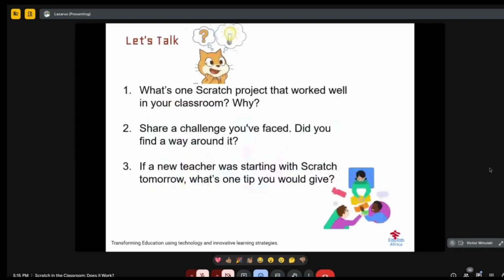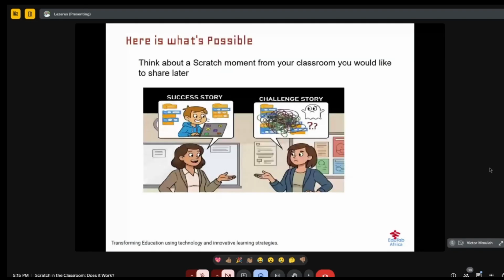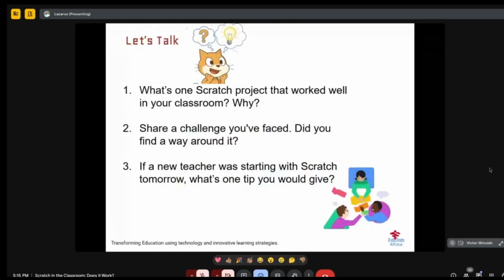Then I would like us to mention this: what worked well in that particular Scratch moment in your classroom? Feel free to come off mute or just mention within the chat what it is that worked well. We are going to go through questions 2 and 3 as well, but let's start with what worked well.